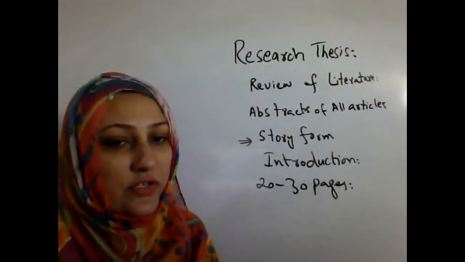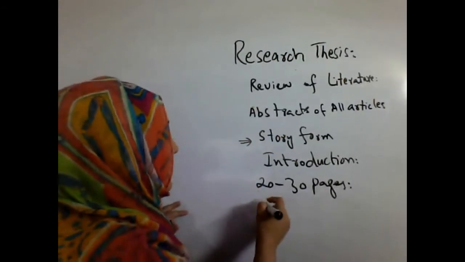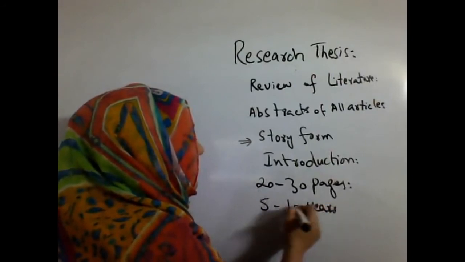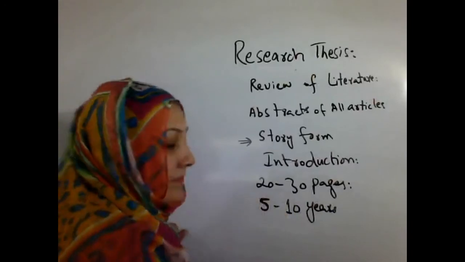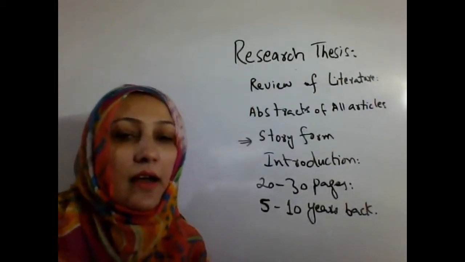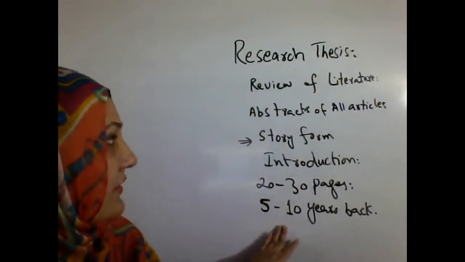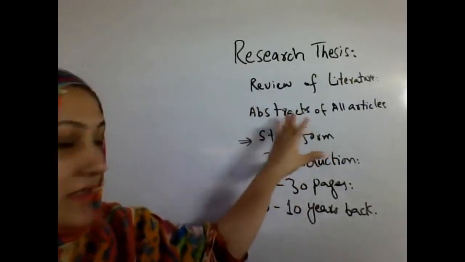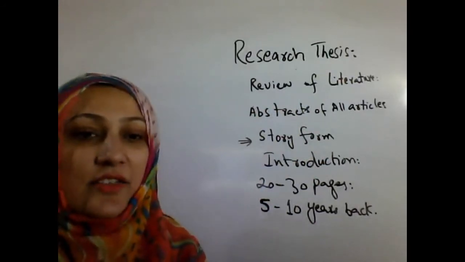In the review of literature, the articles you cite must be from 5 to 10 years back from your study date. If you give more previous literature, it will not give a high quality idea about your research planning, because things change day by day.